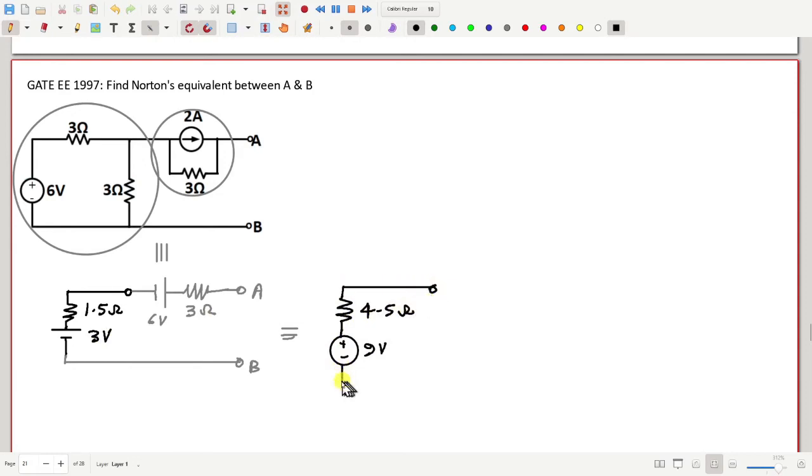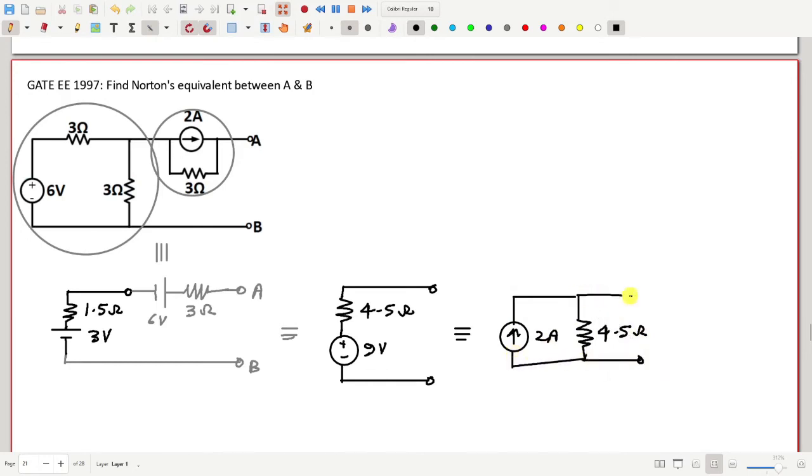Then this is equivalent to 9 by 4.5, which is 2 ampere, and 4.5 ohm in parallel, between A and B. Any question here?